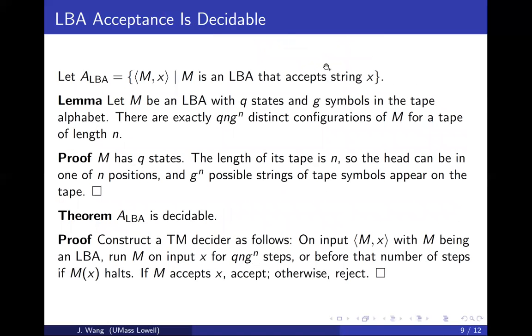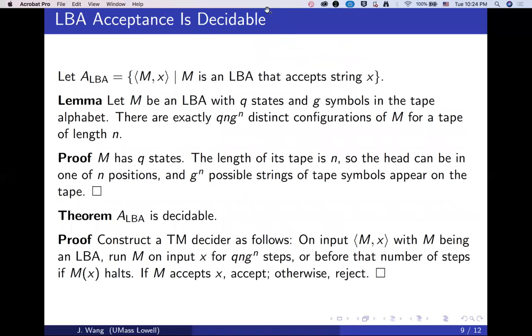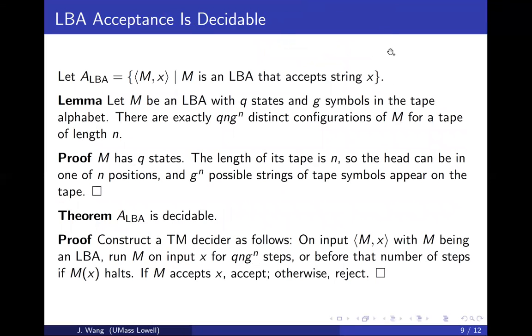Next, let's look at LBA acceptance, which is decidable. We define the language A_LBA to be the set of all encodings of a Turing machine M, comma x, where M is an LBA that accepts string x.